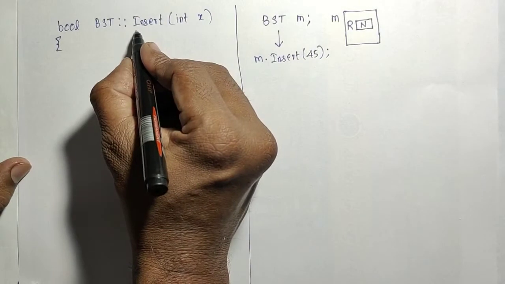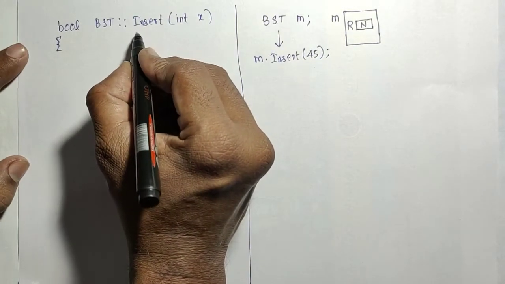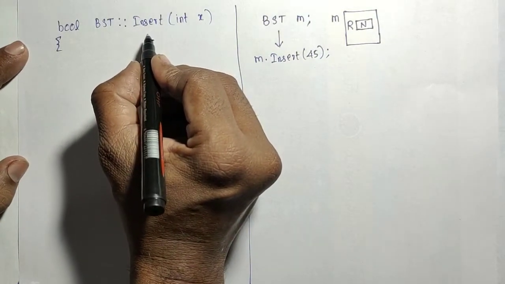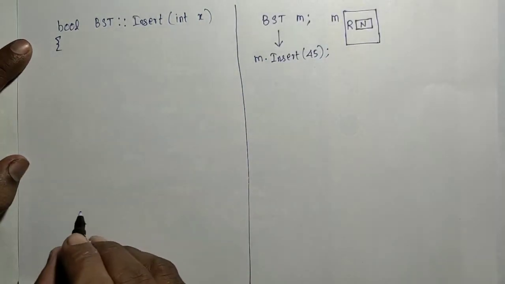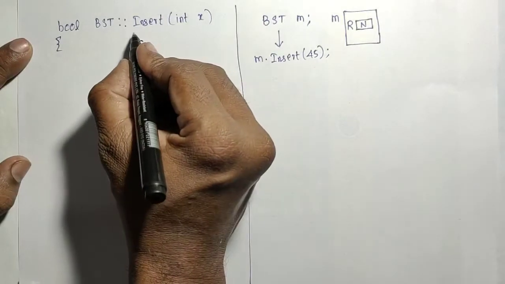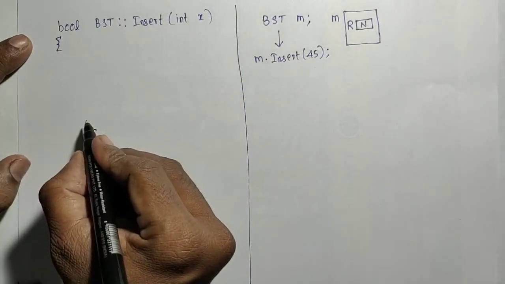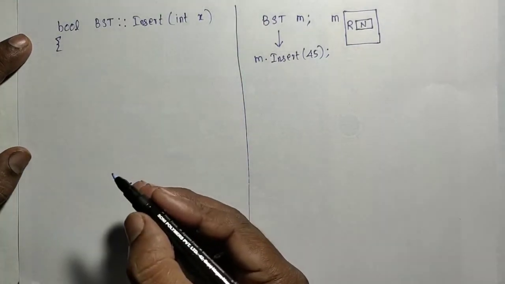As in the insertion in a linked list, the first two steps are creation of the node and initializing the node. Similar to that, in the binary search tree also the first two steps are creation of the node and then initializing the node.